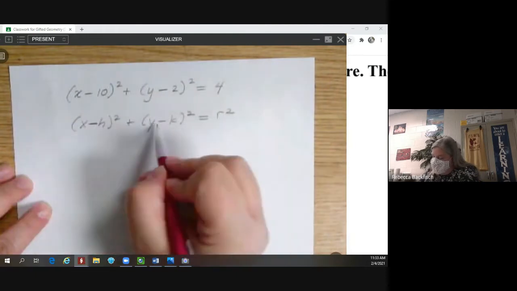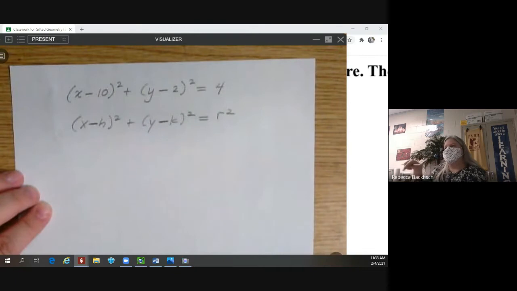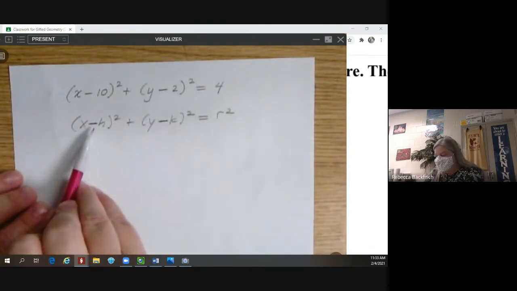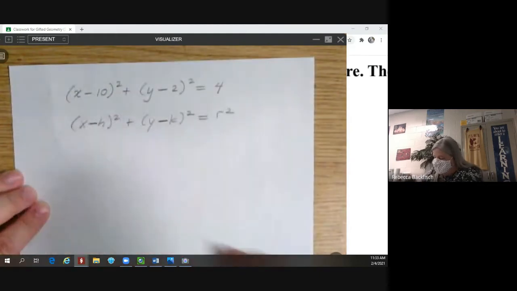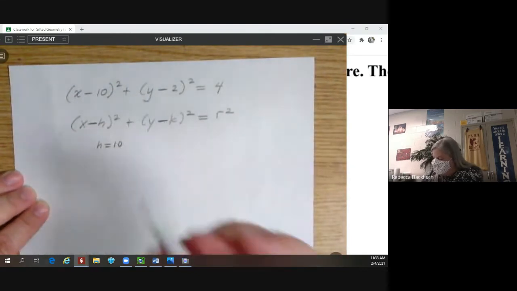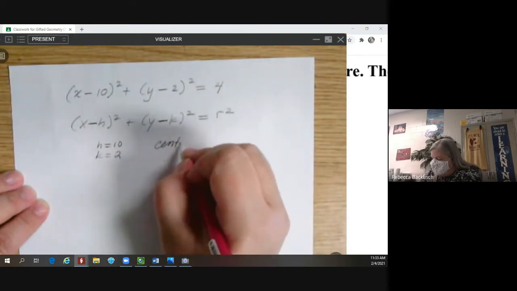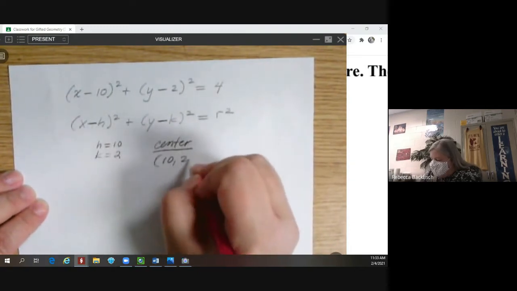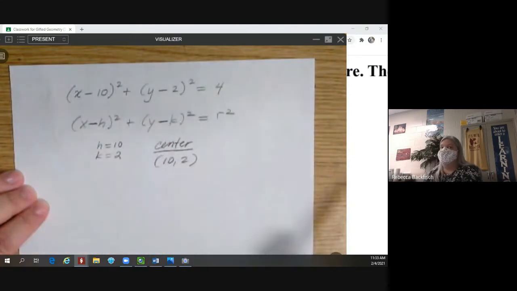Because the standard format has minuses here, you have to realize that what you see is sort of the opposite of the sign. In other words, right here, x minus, everything matches. That means that h is 10. y minus, everything matches. k is 2. So that means the center of my circle here is at 10, 2. Positive 10, positive 2.